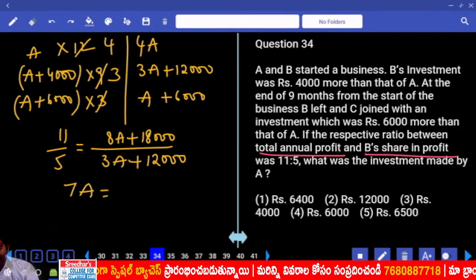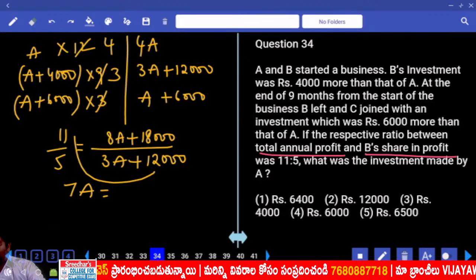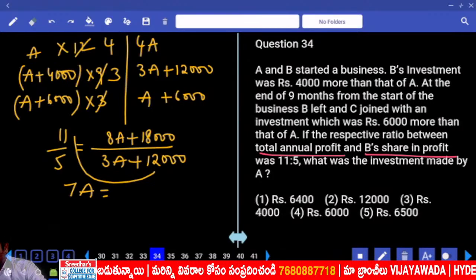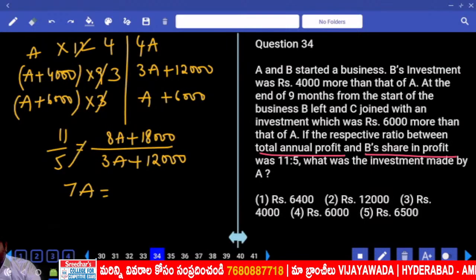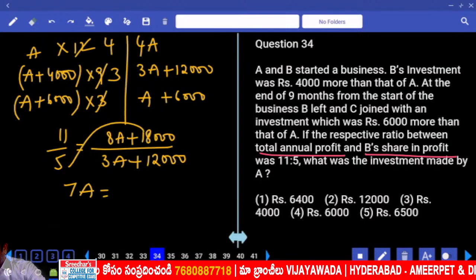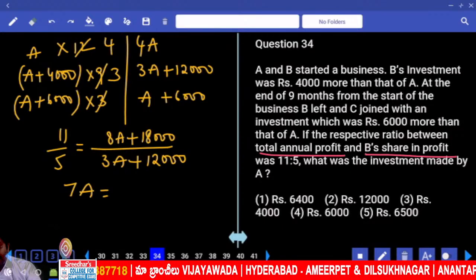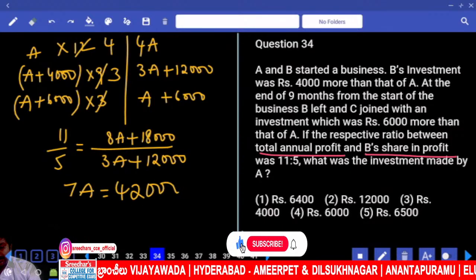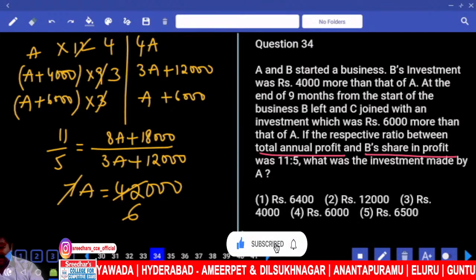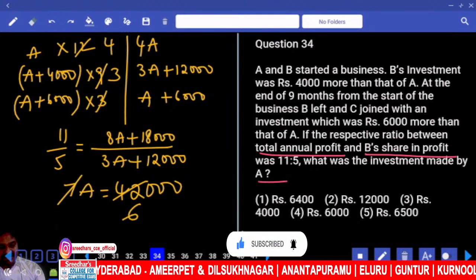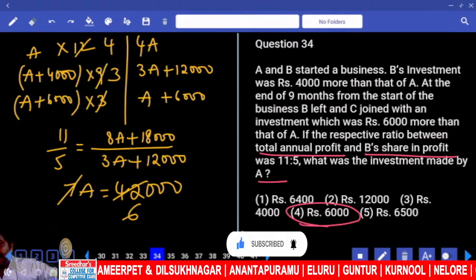Difference is equal to 11 into 12, 132, 3 zeros. 5 into 18, 90, 3 zeros. 132 minus 90, 42, 3 zeros. 7, 6 times. The question is about A's investment, 6,000.